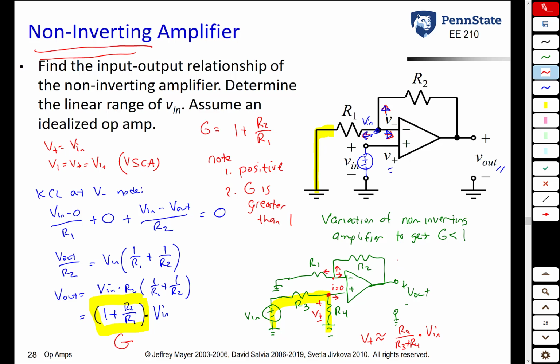We would get that V out, in this case, is equal to R4 over R3 plus R4 times 1 plus R2 over R1 times V in. So now our gain G is that expression here. This expression here is always positive, just like in the previous case, but now it can have a magnitude less than 1.